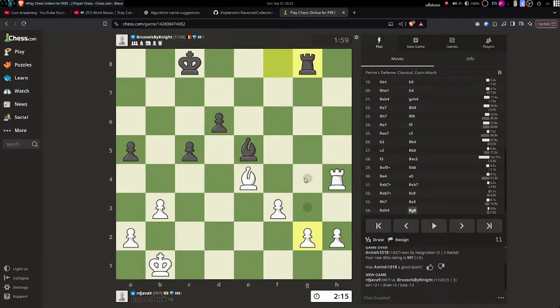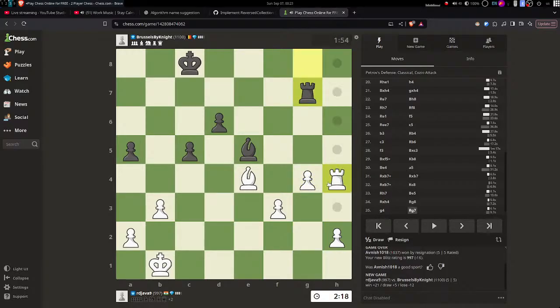pushing. Okay, what happens if I exchange like this one?